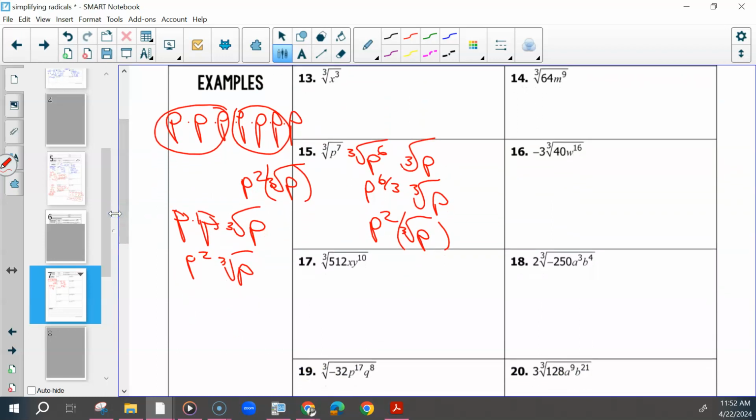Let's do 16. So just like our square roots, break everything down, separate everything. Is 40 a perfect cube? No. So find the highest perfect cube that goes into 40.